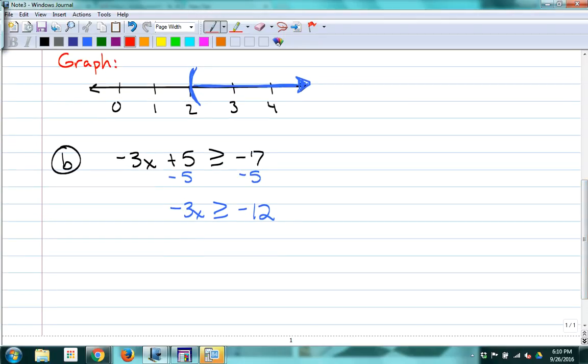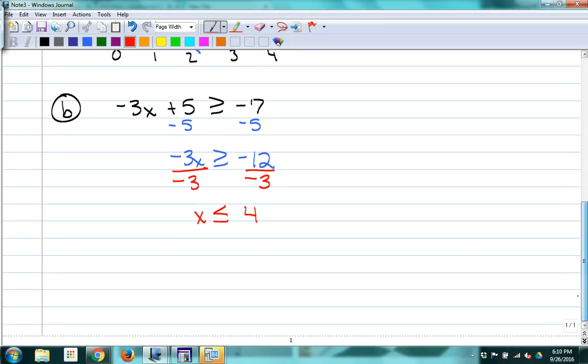And then what do we do to get x by itself here? Divide by the negative 3. We divided by a negative, so we have to flip our symbol. And then that's going to be positive 4.